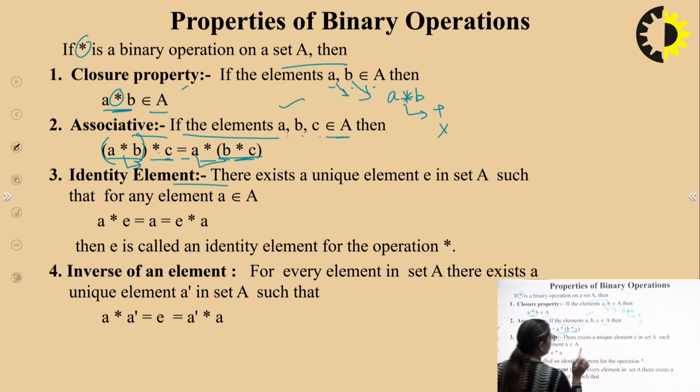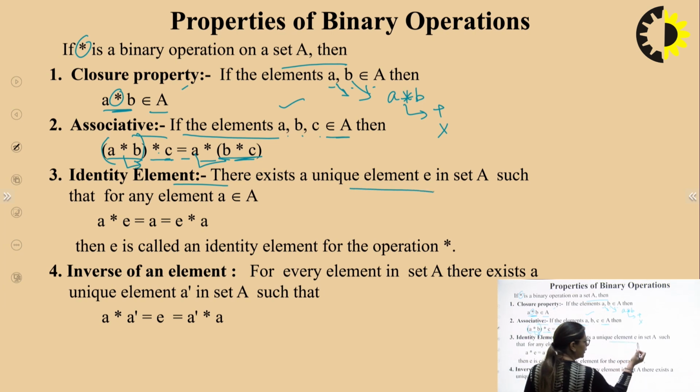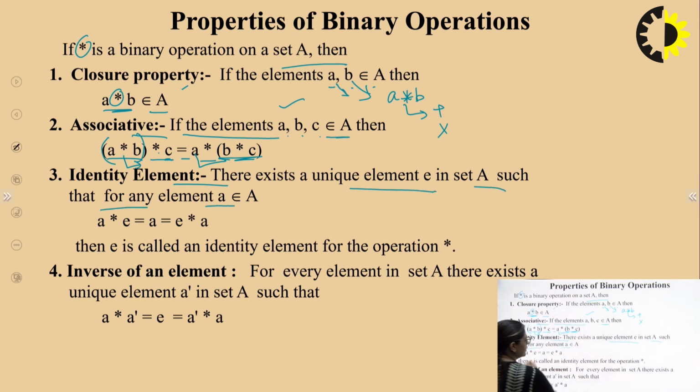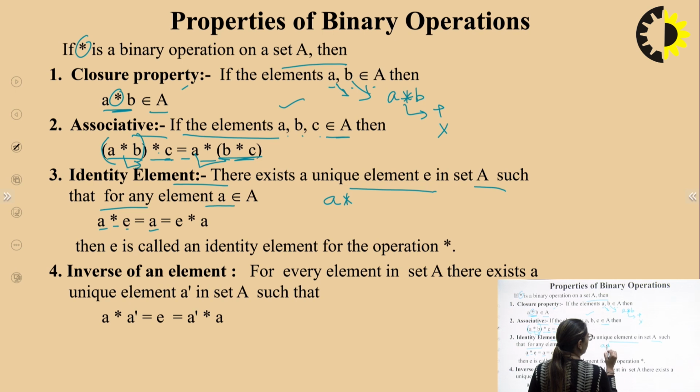Identity element. There exists a unique element e in set A such that for any element a belonging to A, a operated with e, we get a again, right? If we operate a with e, we get a. If we operate e with a, then also we get a, right?